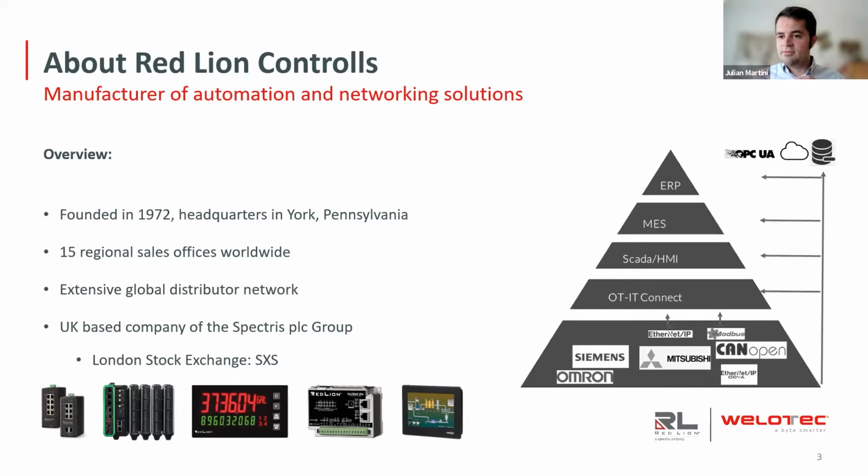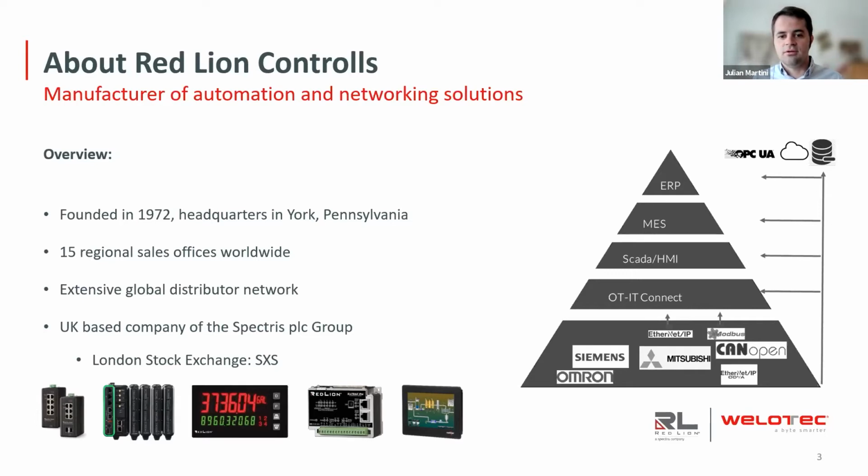From the lowest level, we can enhance the data. We can do some edge processing, we can visualize it, we can also control, and bring the data up to the IT world, either directly to the ERP system or via intermediate steps. As you see here, we can relay the data to any kind of level in the company and bring it also up to the cloud, if you will.